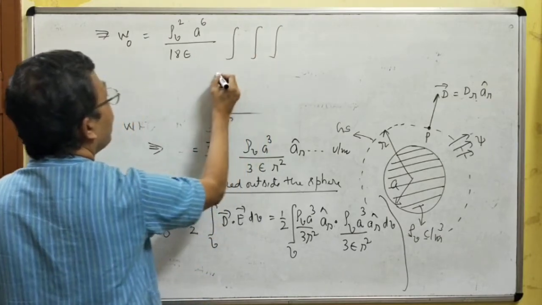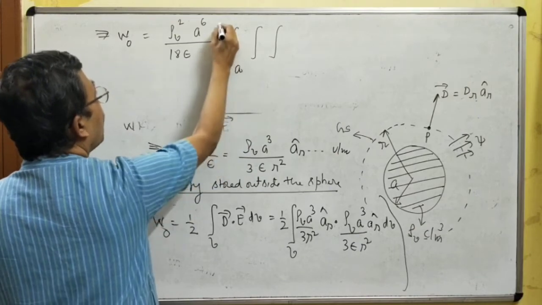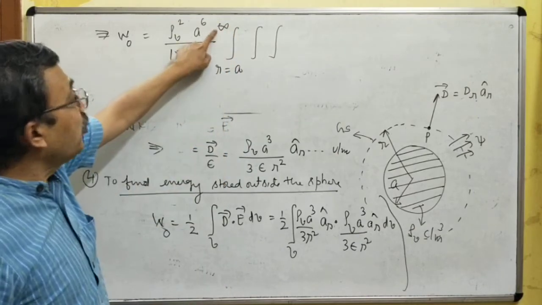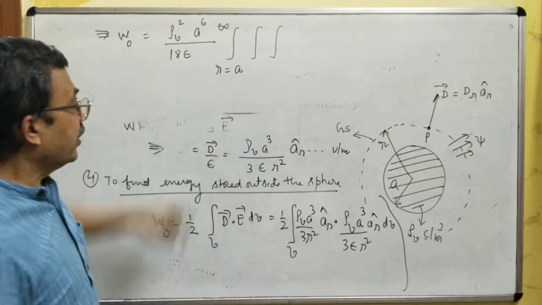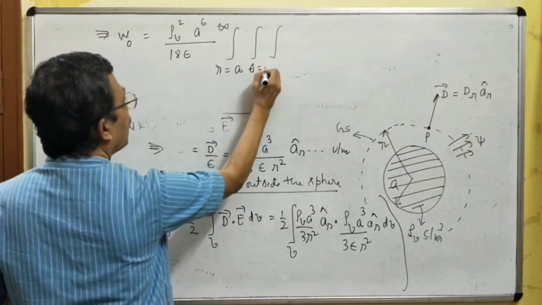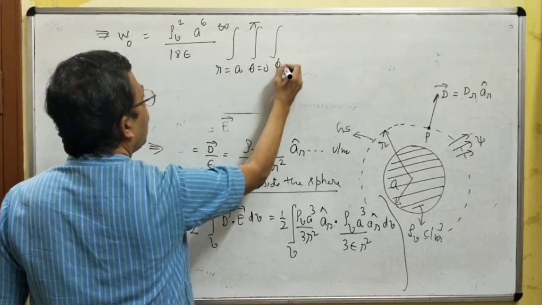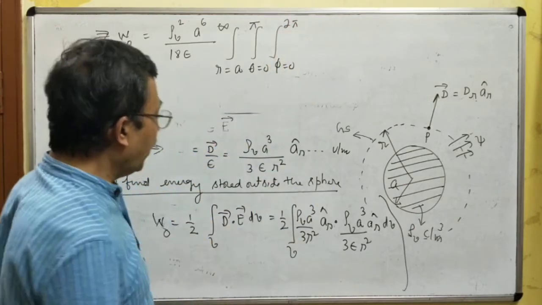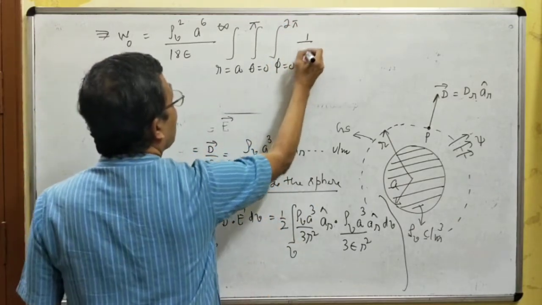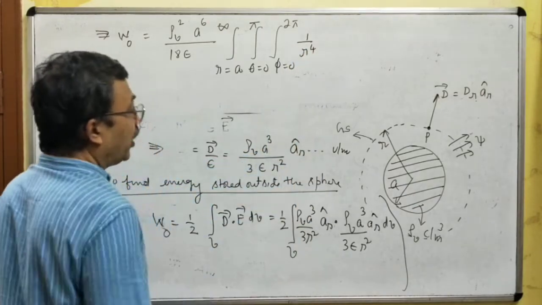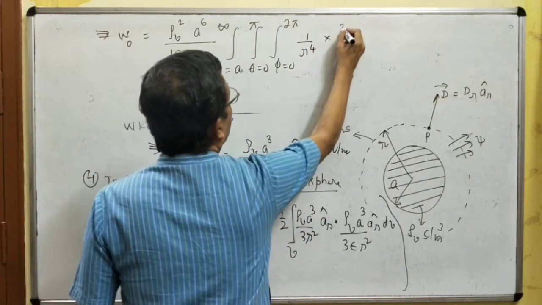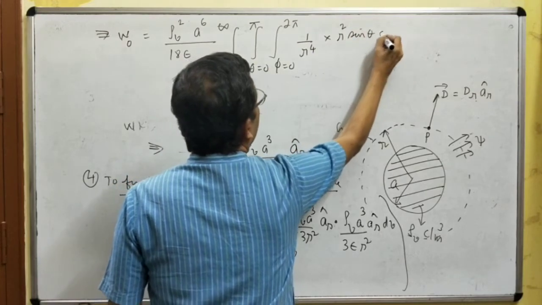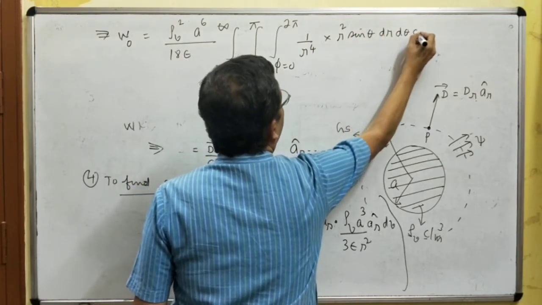Outside the sphere means r varies from a to infinity. Infinity means earth or ground physically. Theta varies from 0 to pi. Phi varies from 0 to 2 pi. 1 by r square into 1 by r square is 1 by r to the power 4. What is dV? dV is r square sine theta dr d theta d phi.